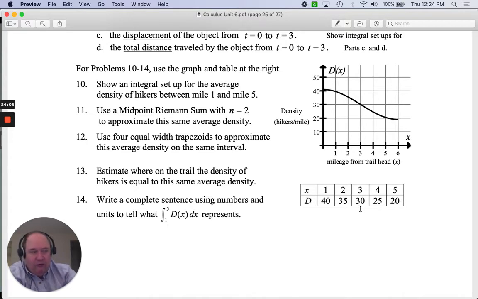So the average was 30 hikers per mile. Even for number 12, it's simplified to 30. So where does that occur? At 3 miles from the trailhead, right? The average equals what it is.